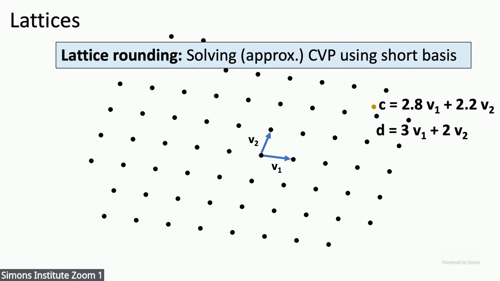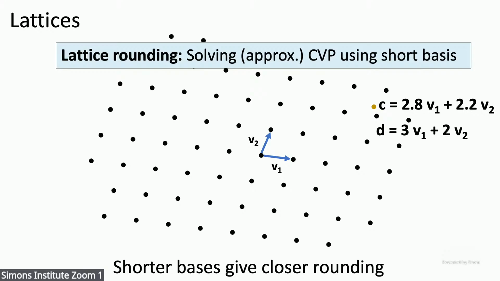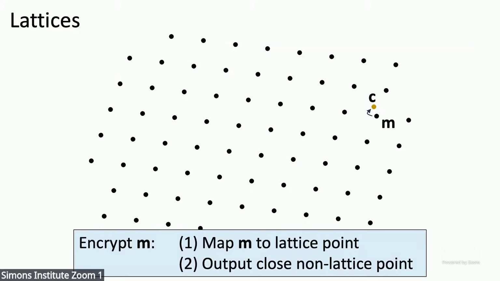But hey, you just round the coefficients, and if you have a good basis, it'll give you a good approximation to the closest lattice point. And the point is that the shorter the basis you give, the better rounding you can get, and the closer the lattice point you get.